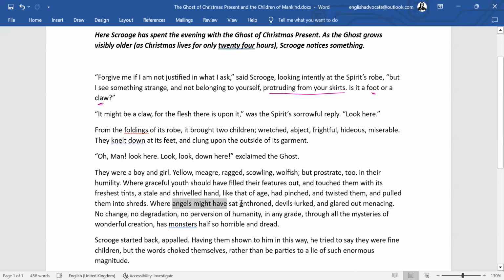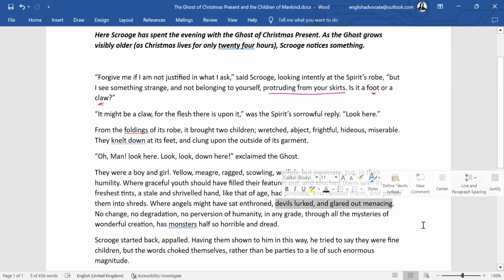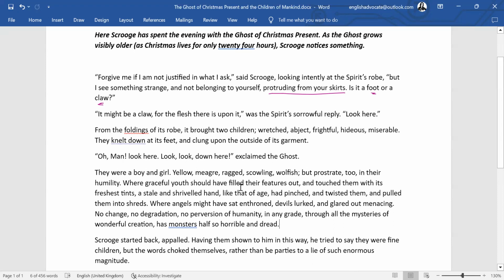The angels should have been on their thrones in their faces, but instead devils glare out menacingly. No degradation, no awful things, through all of creation had monsters half so horrible.